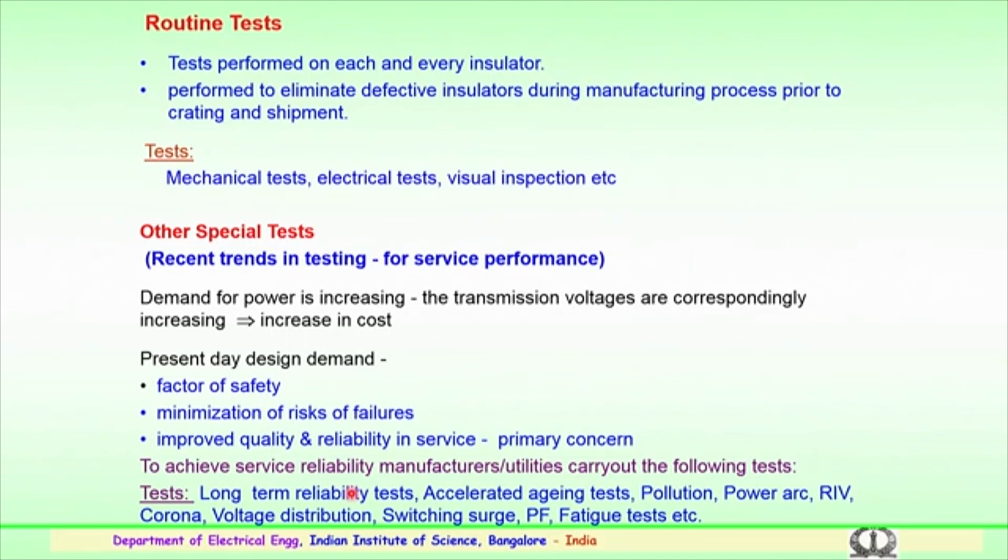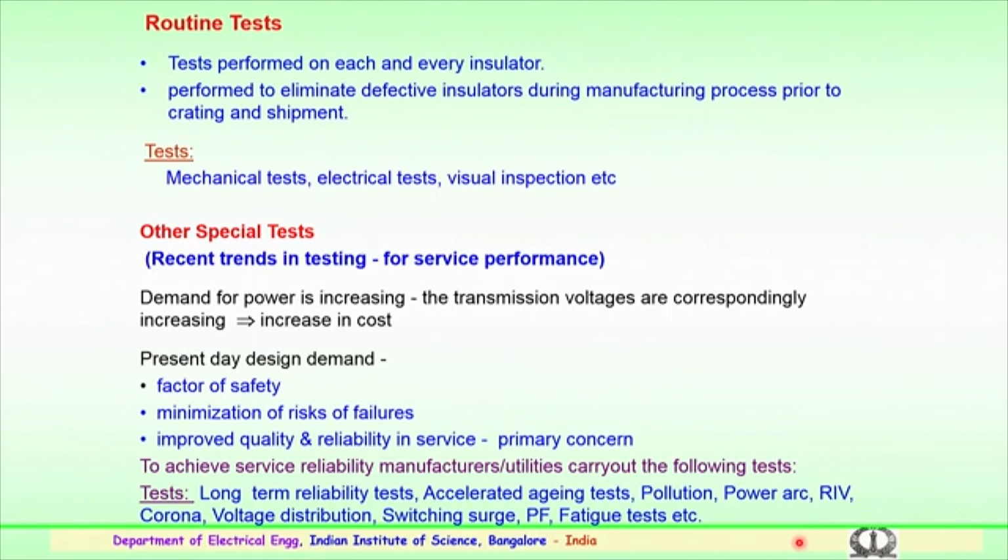These special tests are designed to achieve service reliability, and manufacturers or utilities generally carry out the following tests. These are specified for the EHV or ultra high voltage range. Long term reliability tests, accelerated aging test: the main intention is to find how long the insulation could withstand the multiple stresses seen on the sample, and whether this gives an indication of the life of the insulation.